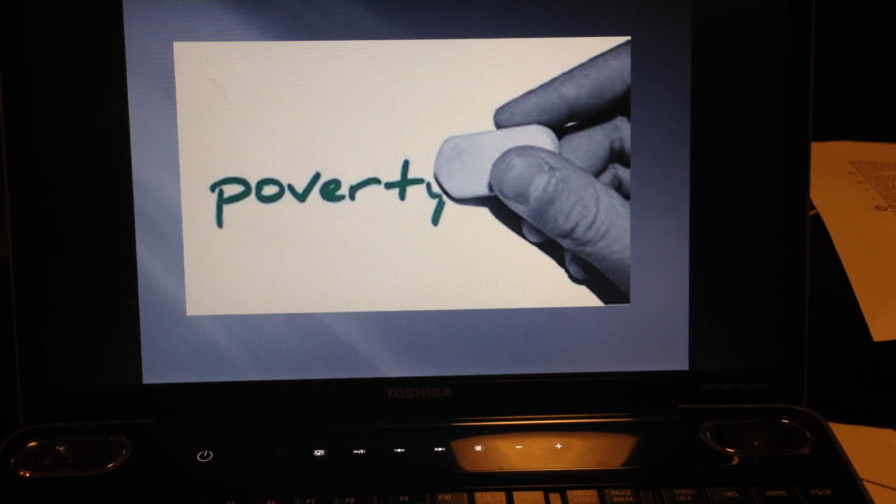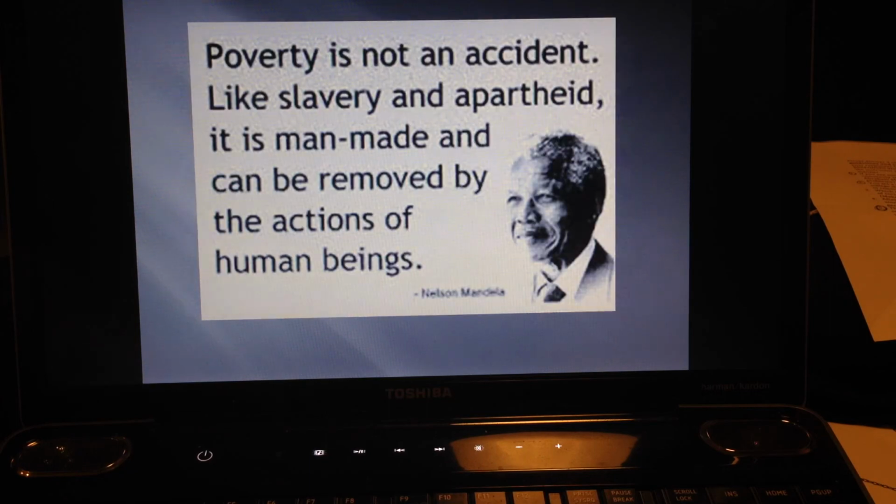Just as the picture is showing, I believe that if we work to reduce the poverty level with younger students, they will be able to achieve more academically and give themselves a better chance to go to college, succeed in school, and succeed in life. This is a quote by Nelson Mandela.